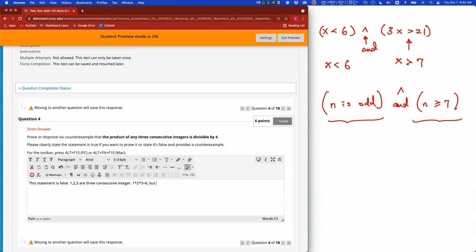But 6 is not divisible by 4. We found a counterexample which disproved the statement. Right, so here's your explanation.